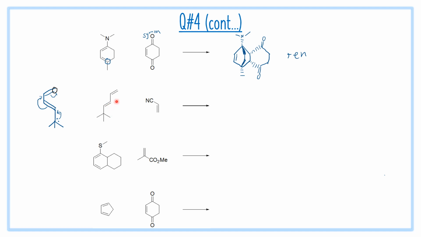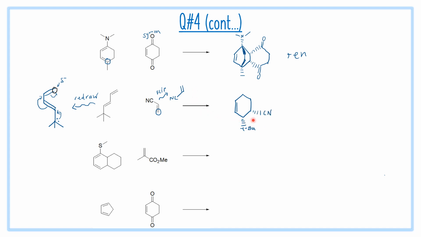It's right now an S-trans. This is where the partial negative charge is going to be after drawing the resonance structure. Here's where the partial positive charge is on the dienophile. You'll notice you need to flip it because the partial negative and the partial positive are not directly next to each other. So we're going to flip that.